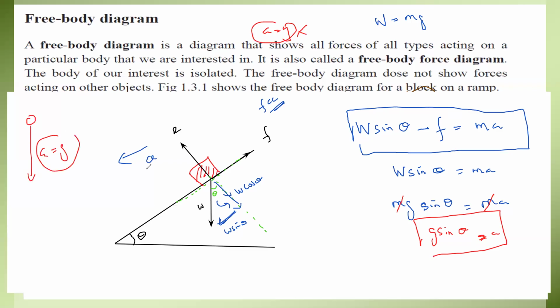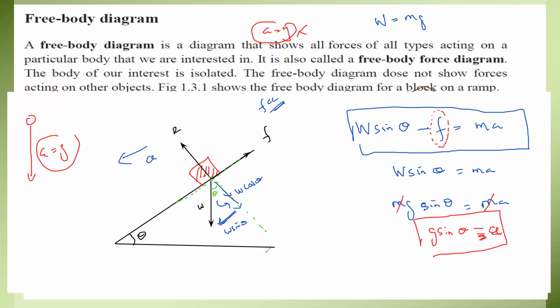But for objects moving on the inclined surface without the force of an engine, only the object sliding downward because of its weight, the acceleration of those objects on the inclined surface is equal to G sine theta. And this formula is derived on the basis that the friction is negligible.